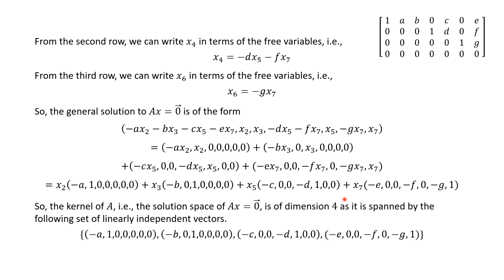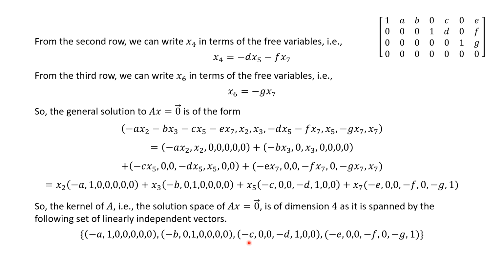So it's basically depending on the number of free variables. You can write your x in terms of the free variables. You break it into pieces as we've done here, and then you have whatever the number of vectors corresponding to the number of free variables, and they'll always be linearly independent. And so that's our example.